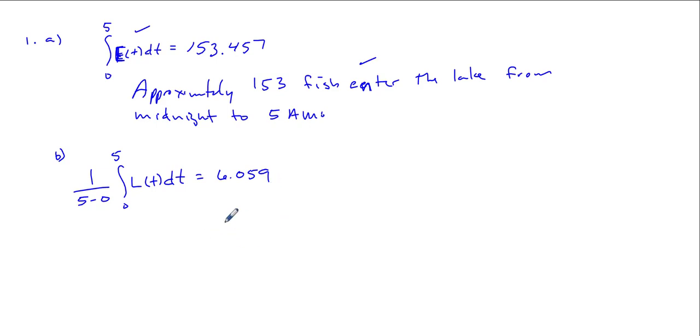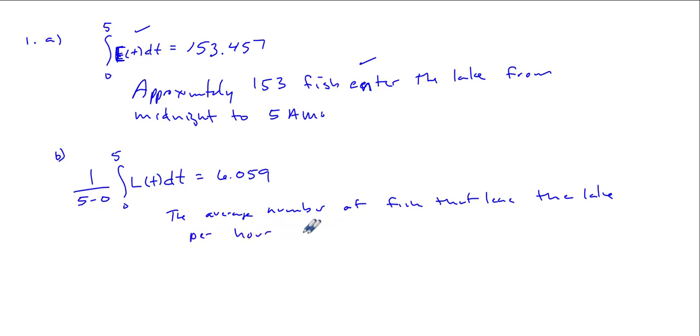Justification, confirmation on the answer. And more of you guys got the same thing? Okay. The average number of fish that leave the lake per hour from midnight to 5 a.m. is 6.059.